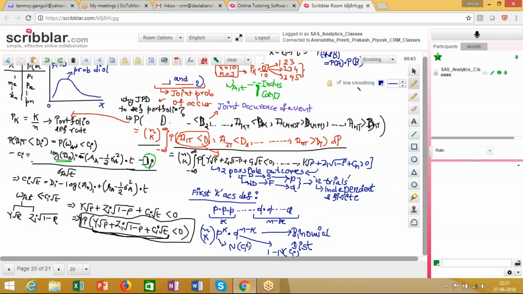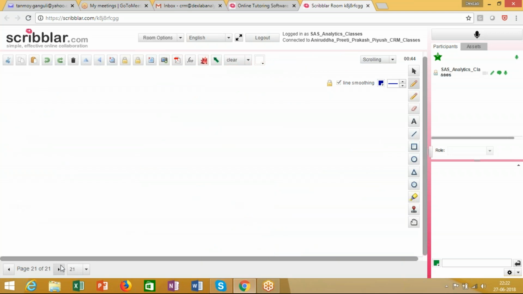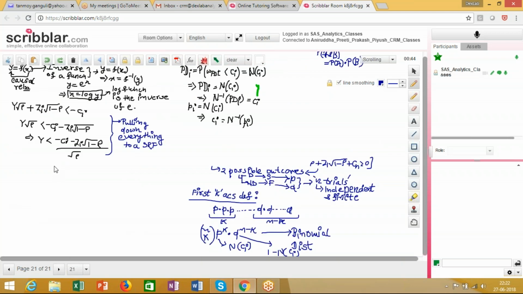Right? Now, how do I write this Ci? This has to be written in terms of these Y values, right? So how do I write it in terms of the Y values? That is the conversion that I had done earlier. If you go to the next slide, you see that I had converted this.